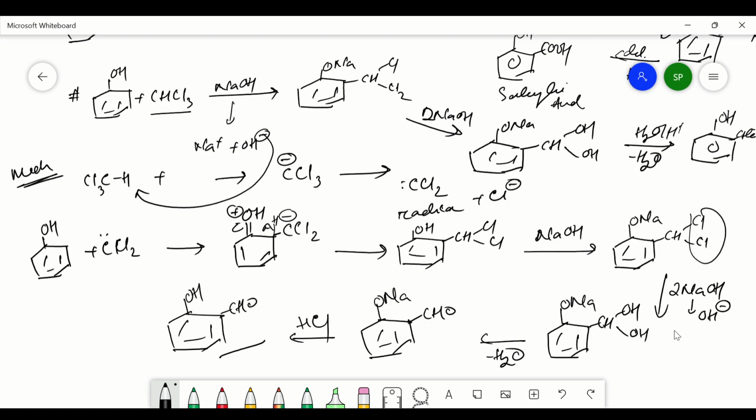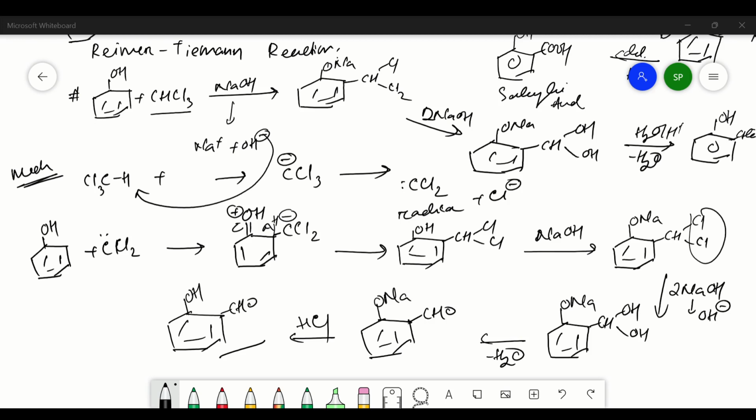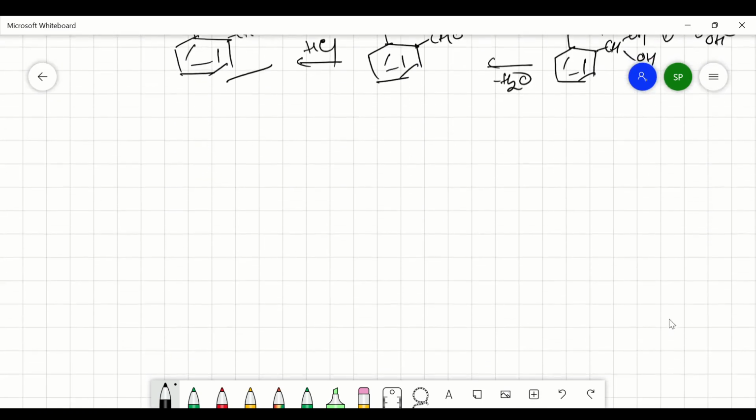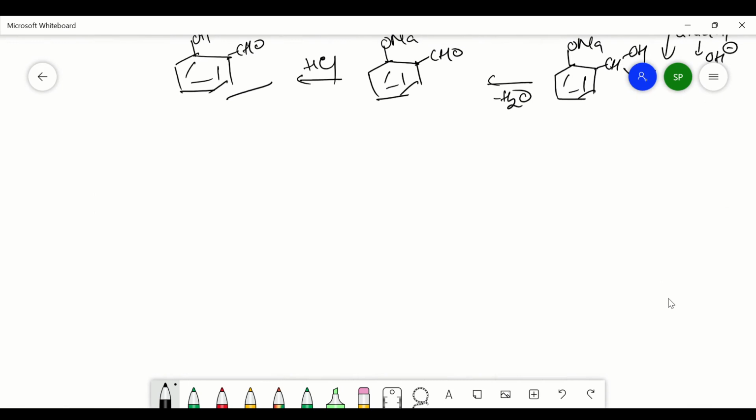You see, okay, the name, Reimer-Tiemann reaction.